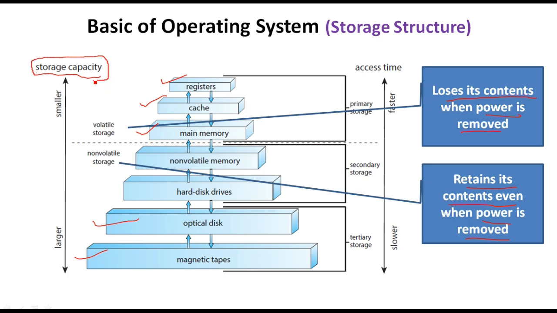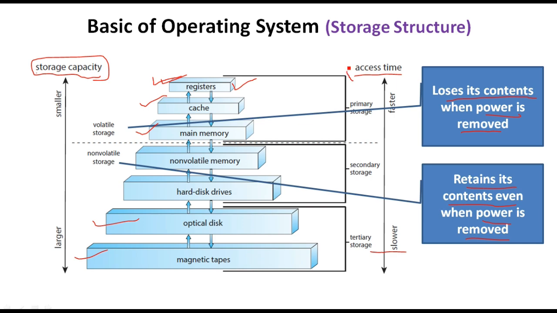Coming to the access time, the device which has the larger storage capacity has the slower access time, meaning it takes a lot more time to access its content, whereas the devices with smaller storage capacity have faster access times.